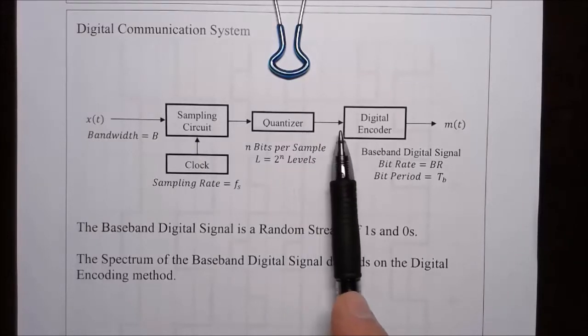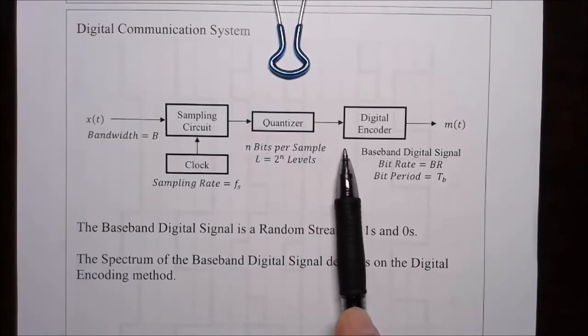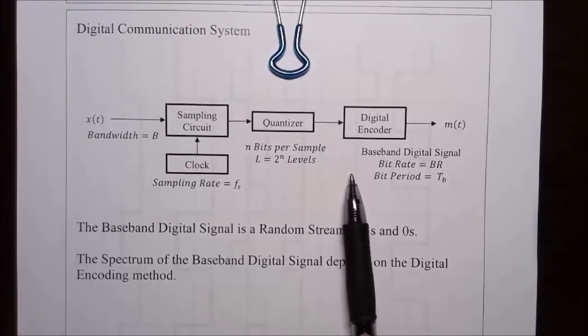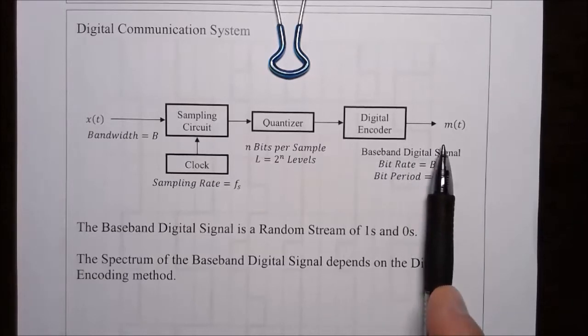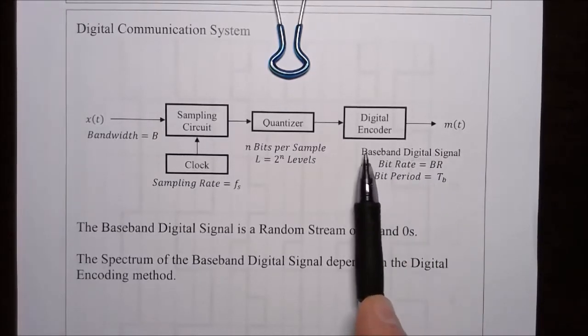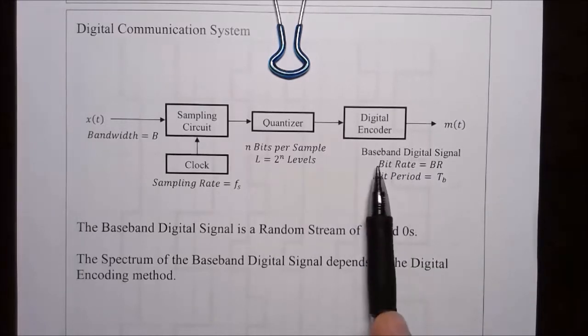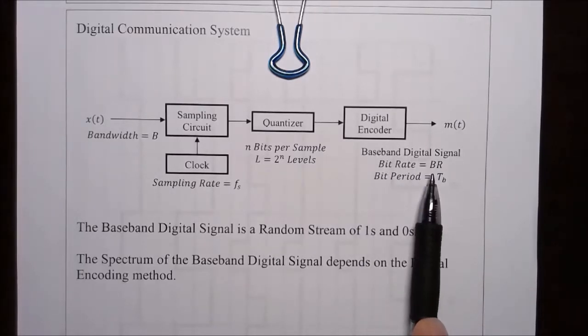The quantized signal is then turned into a binary number with a certain number of bits, and it is now a binary signal, which is a string of ones and zeros, which proceed at a certain bit rate, number of bits per second.